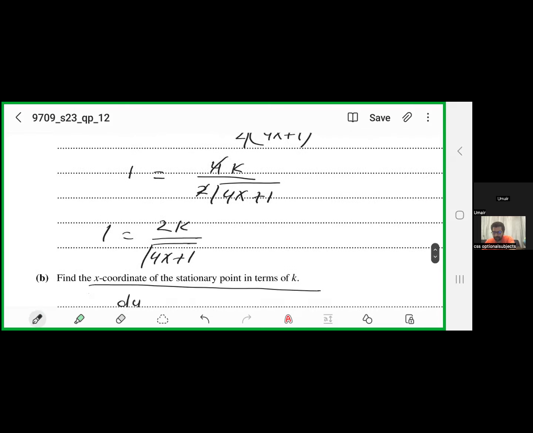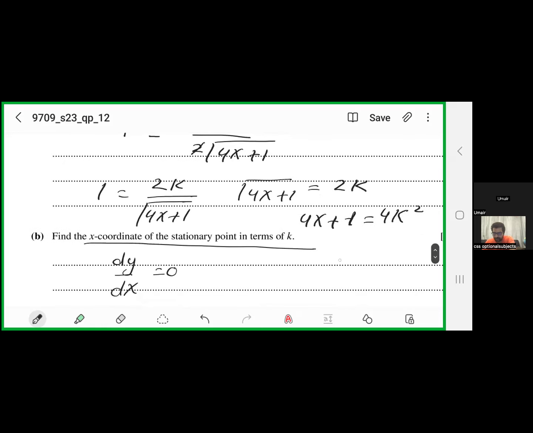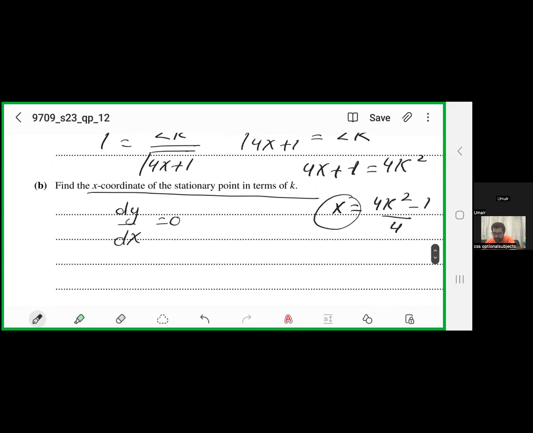So from here, under root 4x plus 1 is equal to 2k. You can take square on both sides. So 4x plus 1 is equal to 4k square. X will be (4k square minus 1) over 4. So this is the x coordinate in terms of k.